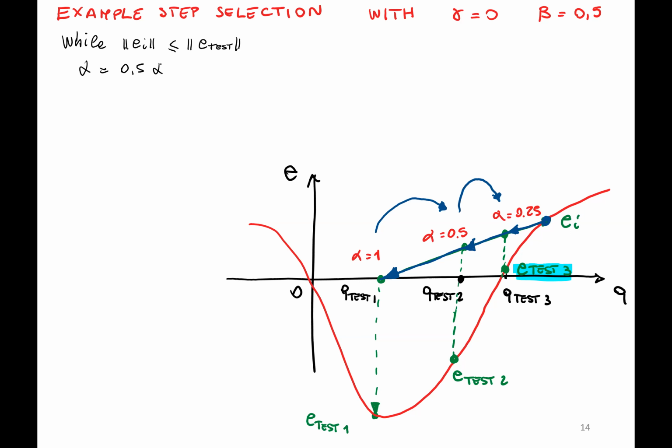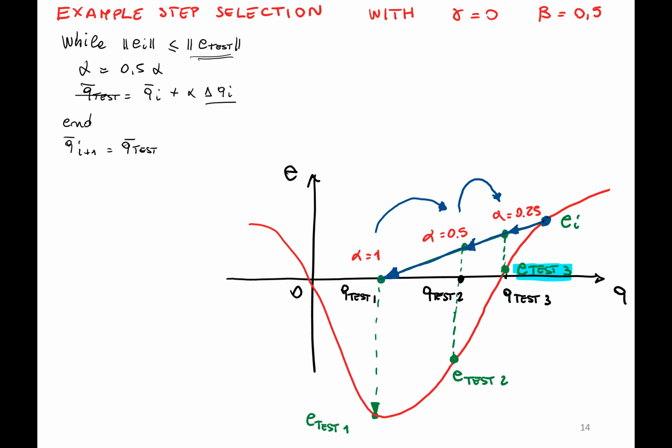So we reduce by half and we compute a new q test, where this was the full Newton step. And if we manage to reduce the error with respect to the previous one, we accept the value of q test for the next iteration.